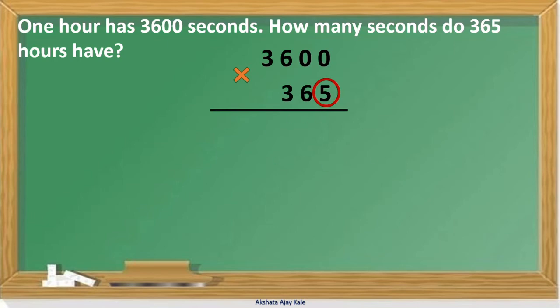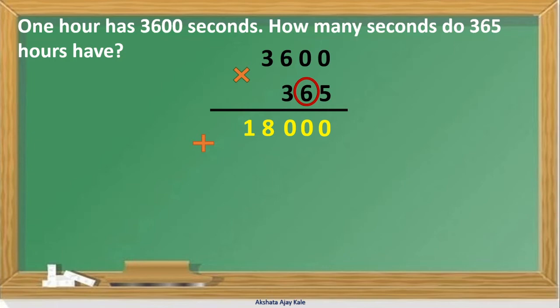So it is a very easy sum. First we will give 5 zeros are 0, 5 zeros are 0, 5 6s are 30, 0 down, 3 carried over, 5 3s are 15 plus 3, that is 18. Okay? Our work, that is unit place multiplication, is over. Now we will move to tens place, that is 6.